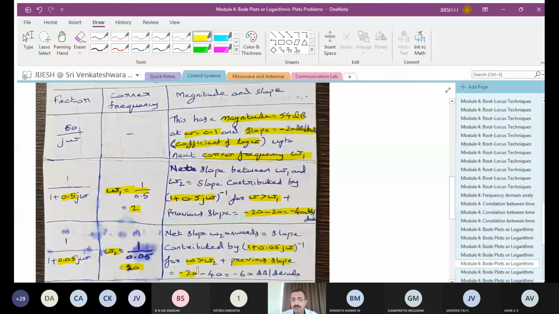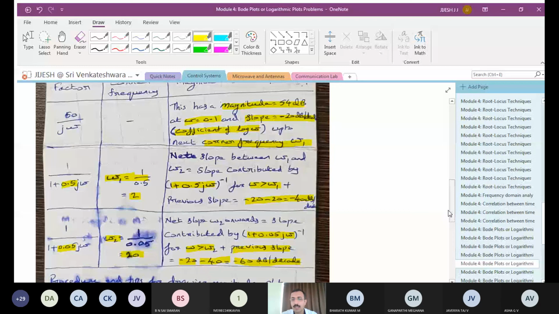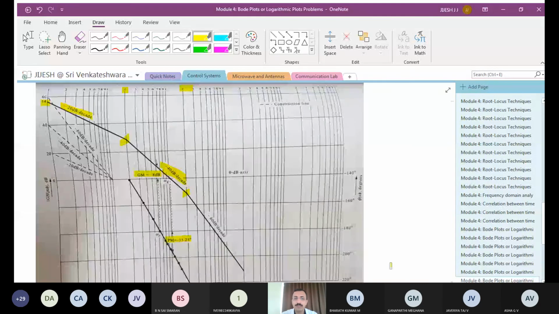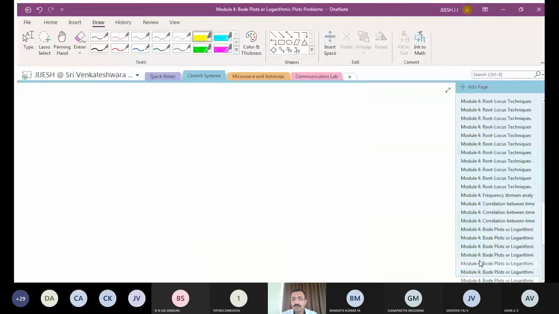So minus 20 dB plus the previous slope, minus 40 dB, you get minus 60 dB per decade. You have to plot it in the graph with minus 60 dB per decade. We don't know till where it will be going, so with the minus 60 dB slope, you have to draw a straight line. That's all, that's what you have to do.